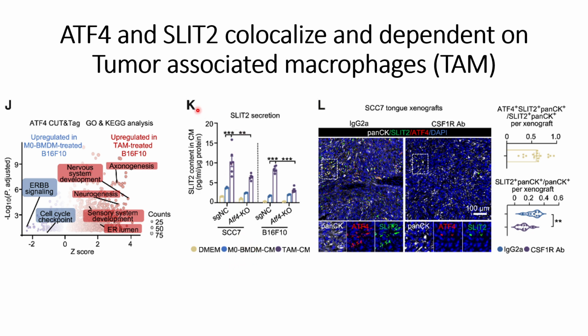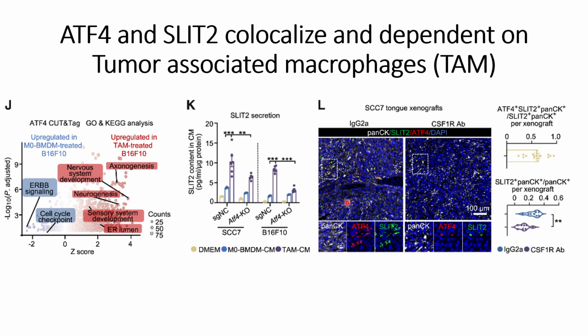So here they made a point that ATF4 and SLIT2 both are dependent on the tumor associated macrophages, and then they did multiple immunofluorescence imaging to find out the location of ATF4 and SLIT2.